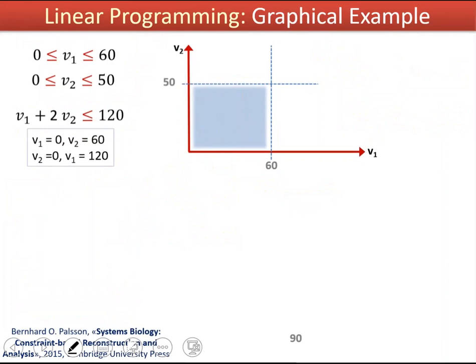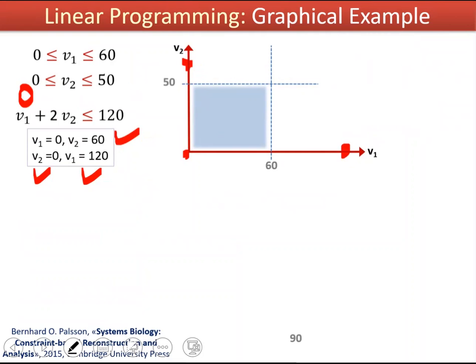In order to easily draw this line, we can assign 0 to V1 and calculate the value of V2, which is 60. So this line will pass through the point V1 0, V2 60, so from somewhere here. And then let's assign 0 to V2. In this case, V1 takes the value of 120, so here somewhere V2 is 0 and V1 is 120.